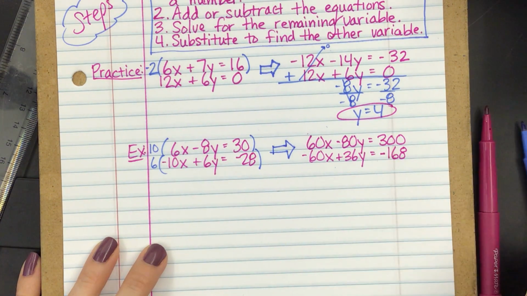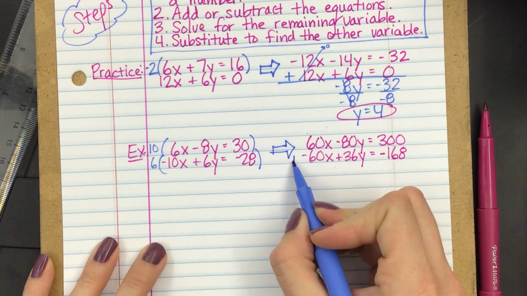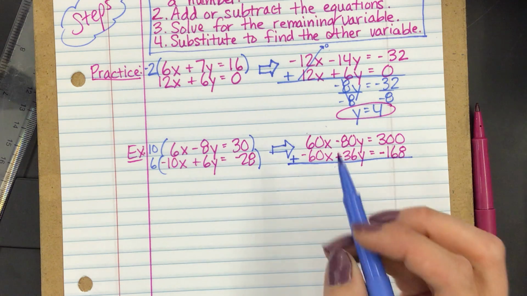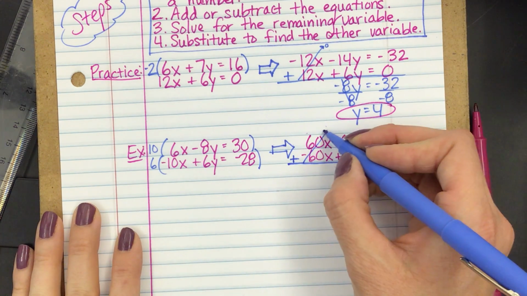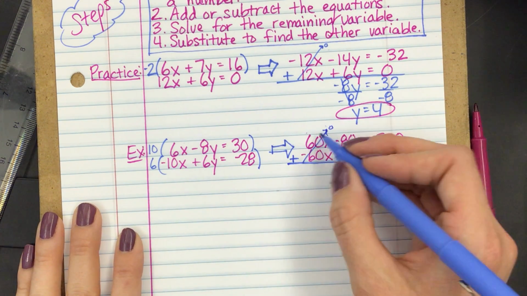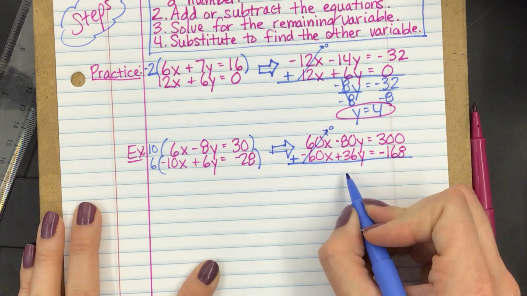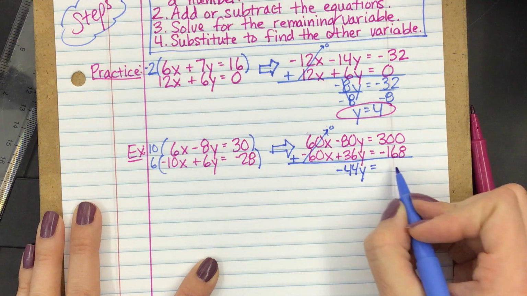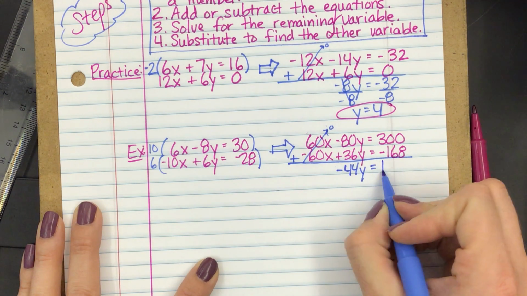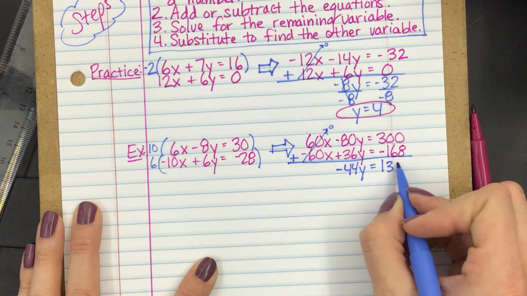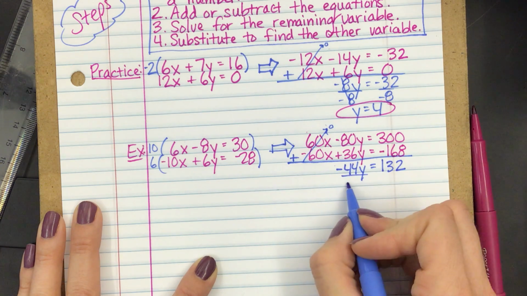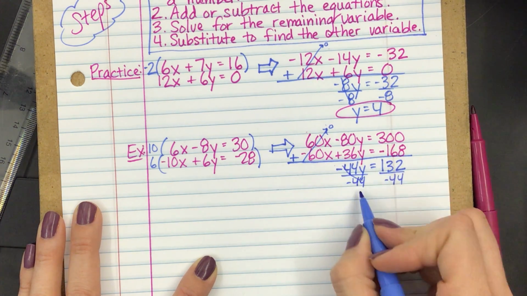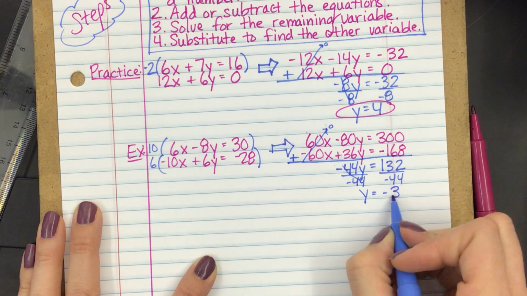Then I can add my equations because 60x is positive, 60x is negative, and these have a value of 0, so we've eliminated these terms. And then we have negative 44y is equal to positive 132. If I divide both sides by negative 44, we'll get y is equal to negative 3.